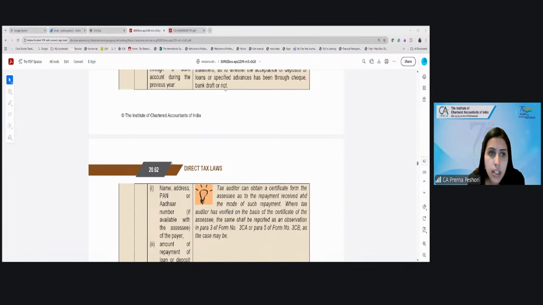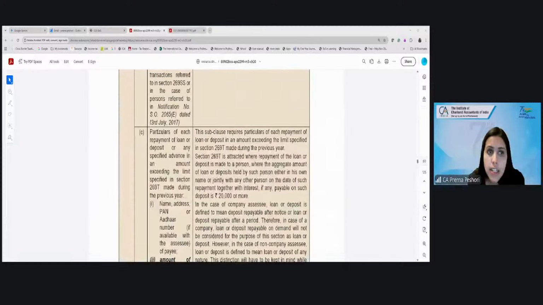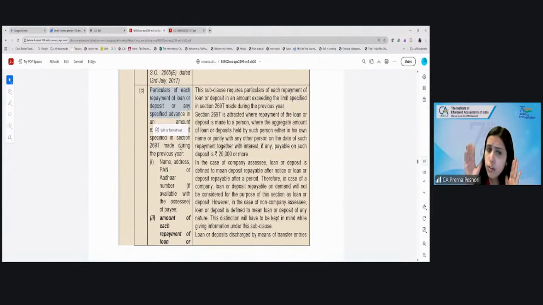So here, what is the difference? C point is you have to give the repayment of loan exceeding the 269T. Here just you have to mention the details whether it is by account payee check or not. You have to mention the detail of all the repayments which are there which are exceeding the 269T limit.